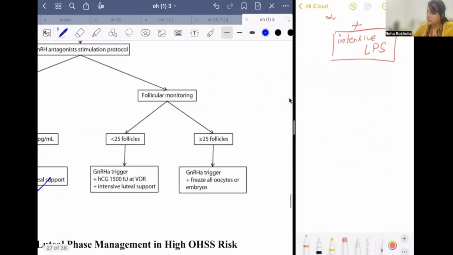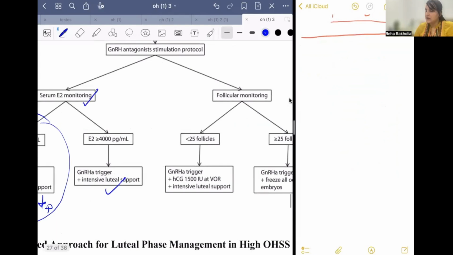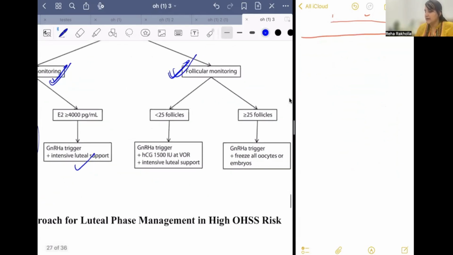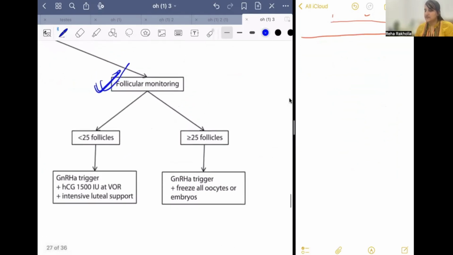Now we'll talk about follicular monitoring. As we already know, follicular count is a predictor for OHSS risk. So in addition to the estradiol level, the number of follicles on the trigger day plays a significant role in determining the best luteal phase support strategy.